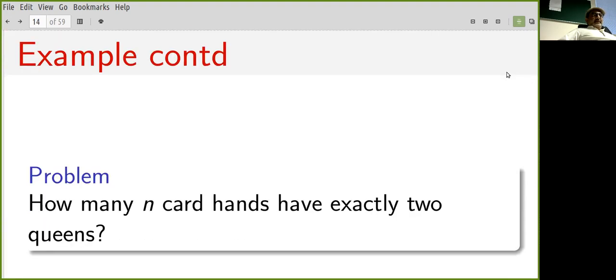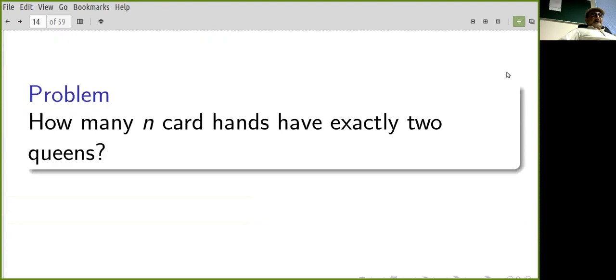Now, how many n-card hands have exactly 2 queens? Let's think about how we would construct this. There are 4 queens. We have to choose 2. And then out of the 48 remaining cards, non-queen cards, we have to choose n minus 2 to make up a total of n cards in our hand, 2 of them being queens.